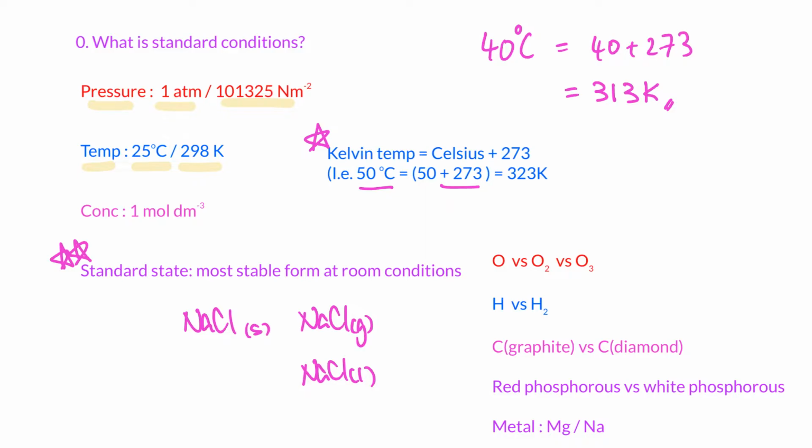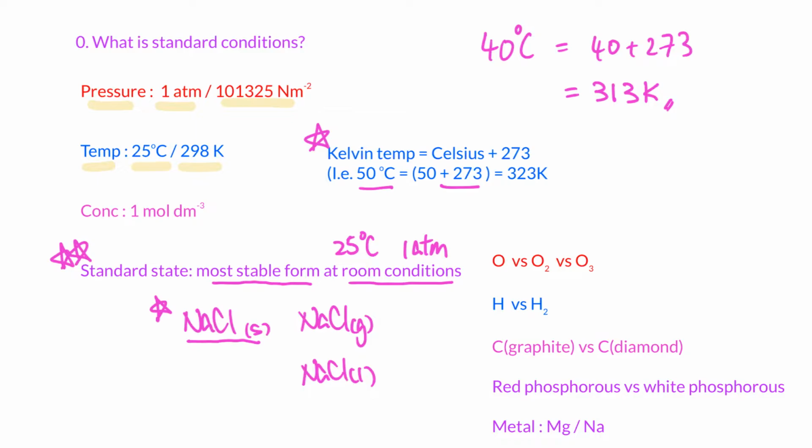So we have to confirm one state, which is the most stable form at room condition. Room condition is 25 degrees Celsius and 1 atm. For sodium chloride, at room condition it will most likely be solid; it won't be gas or liquid, because those require a high temperature.